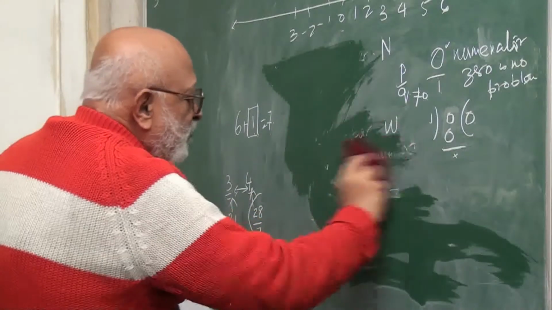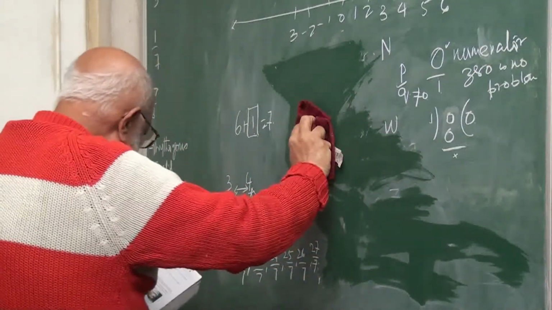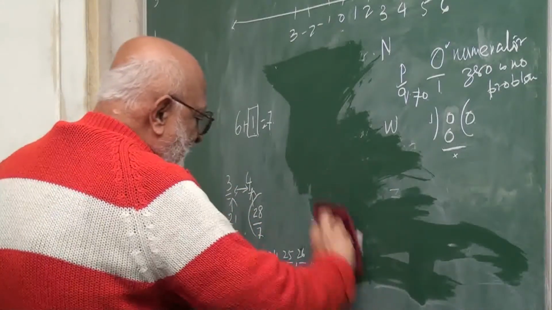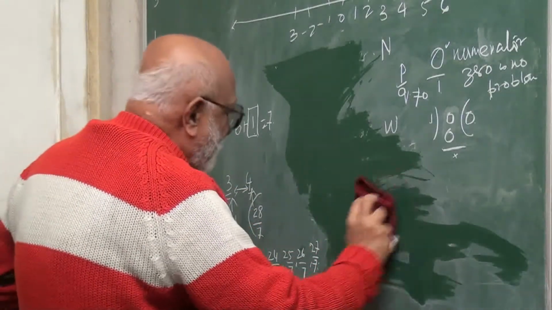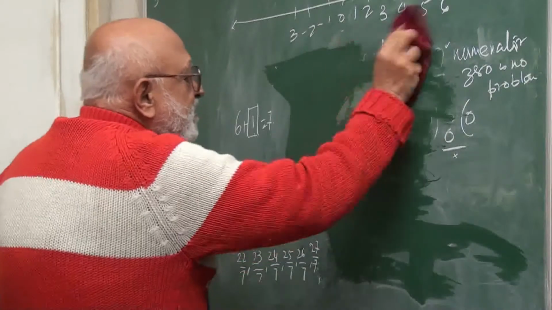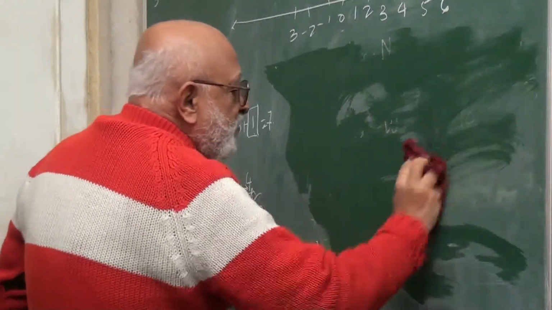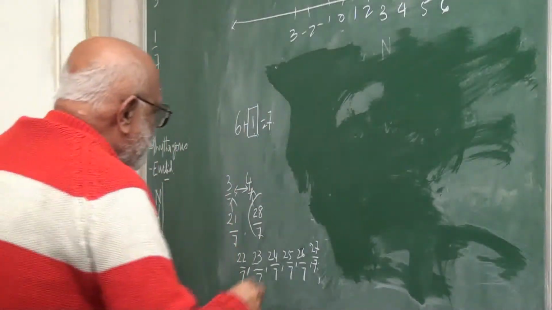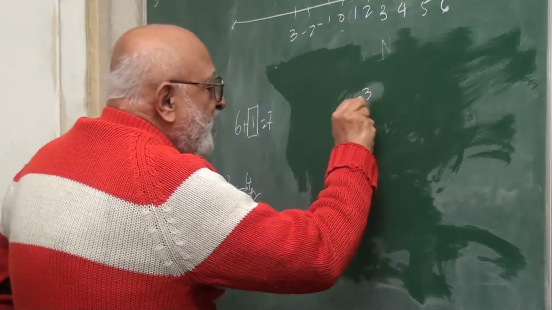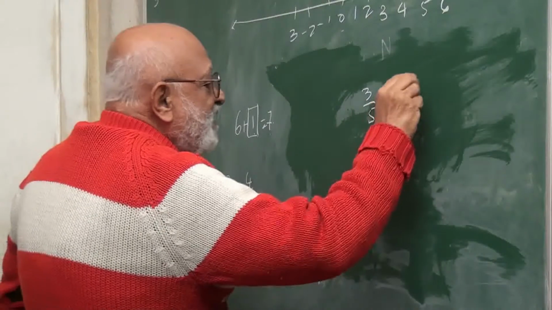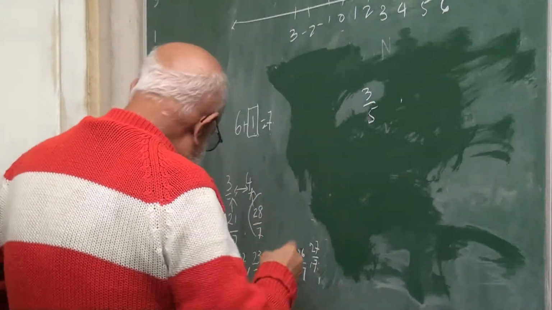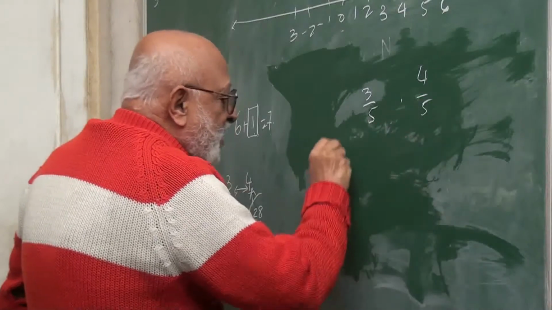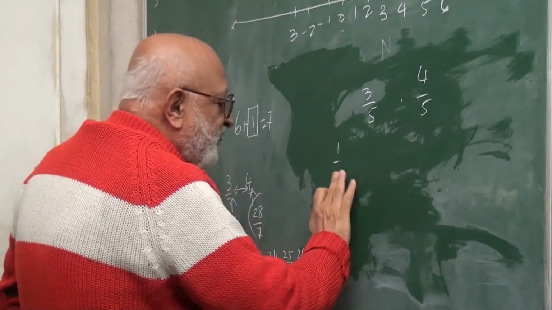How will you do it? You use 3 and 4, here also 3 and 4. This is another way of doing it: you take 3/5 and 4/5, the same numbers, and I can take out 1/5 outside.